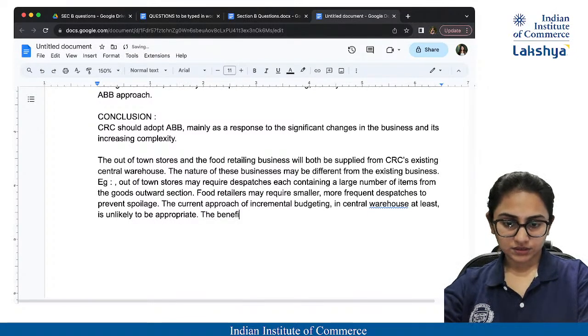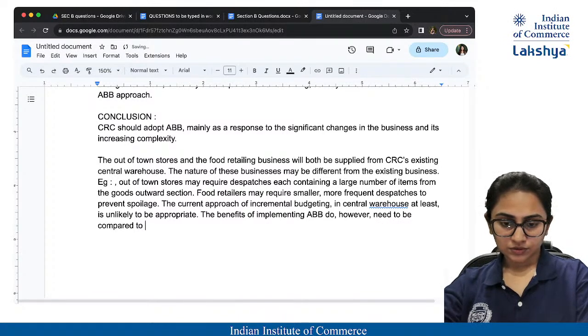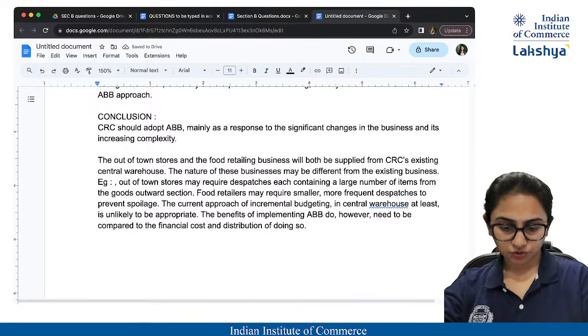The benefits of implementing ABB do, however, need to be compared to the financial cost of doing so. Okay, so this is the conclusion that you can draw.